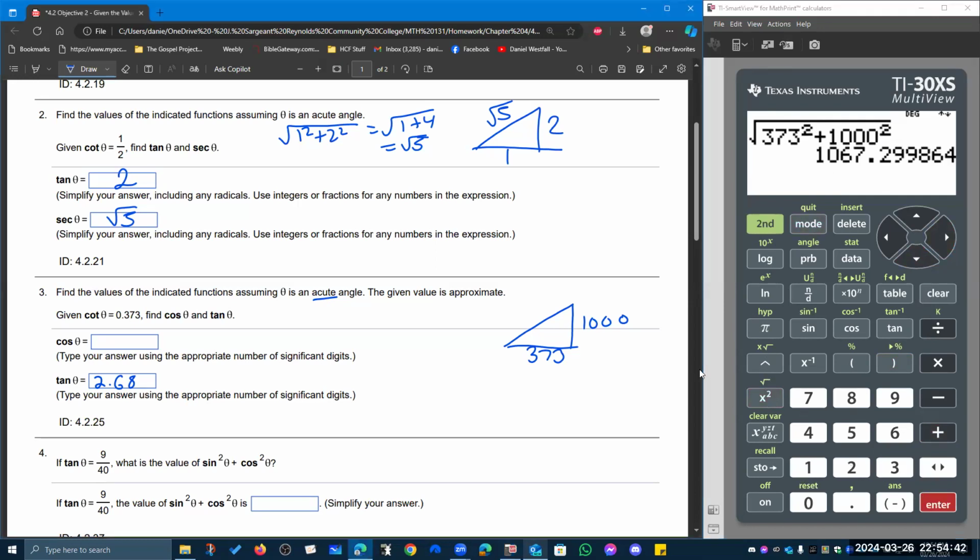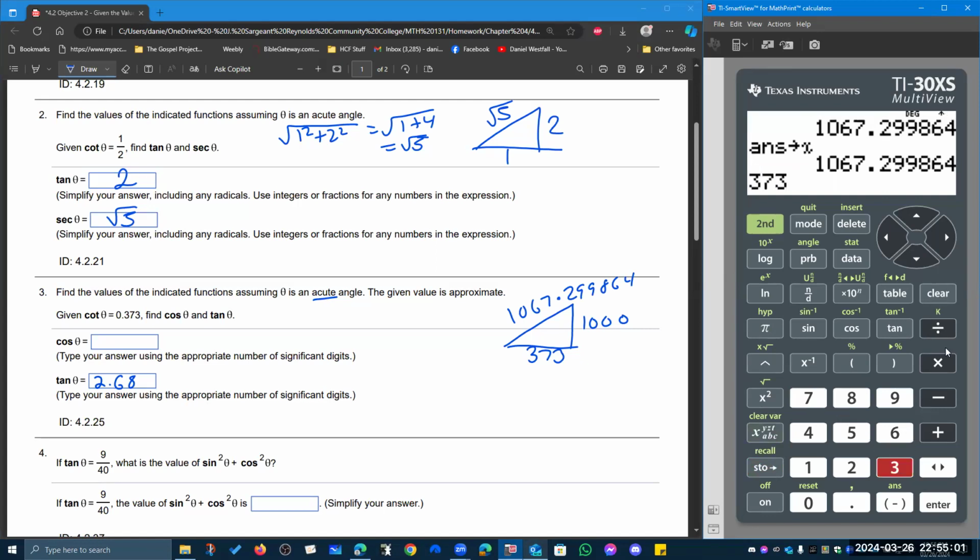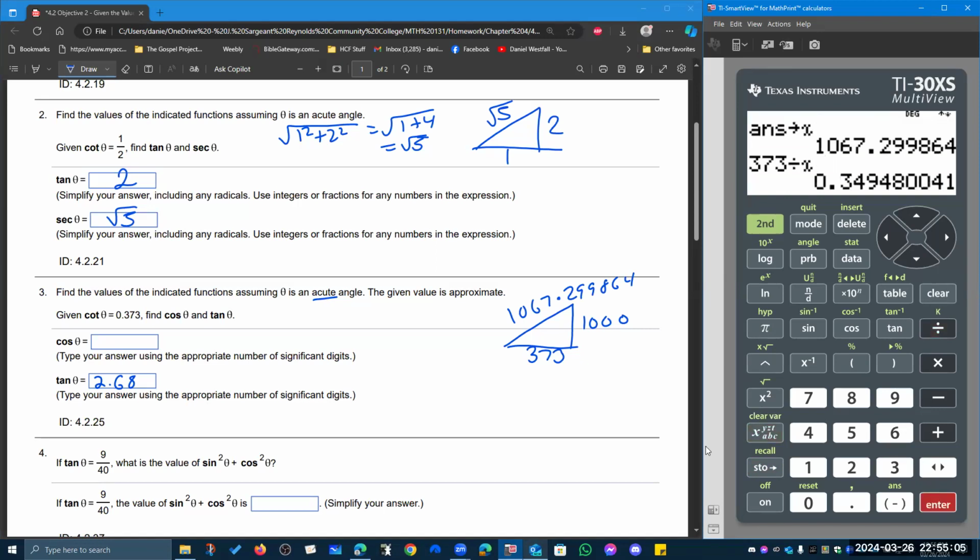So 1,000.299864. And cosine is going to be, store that as my variable, 373 divided by that variable, 0.349.